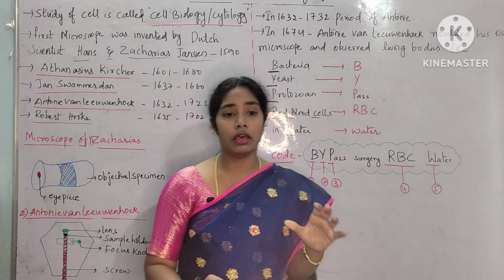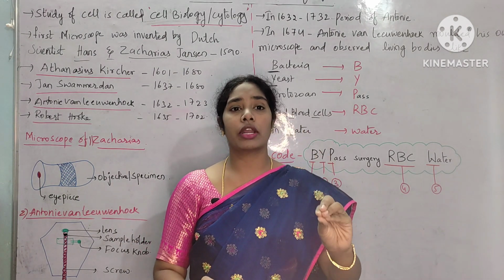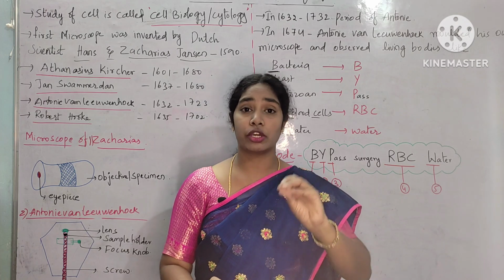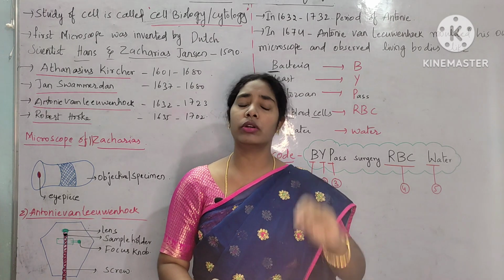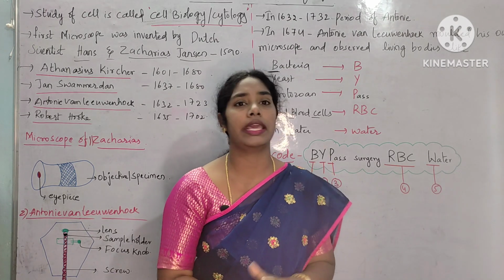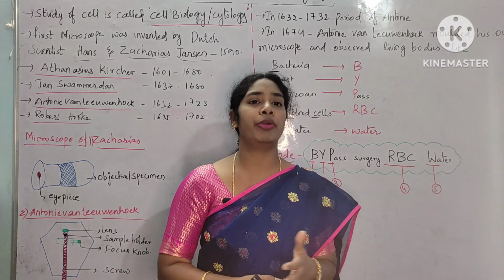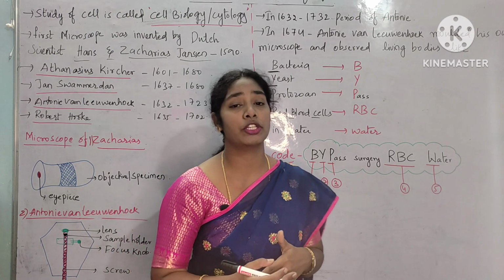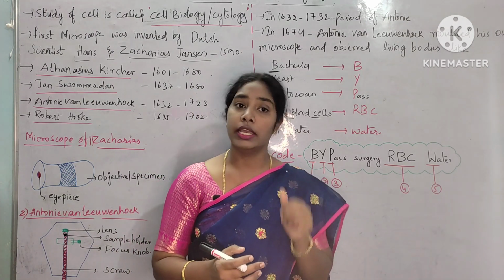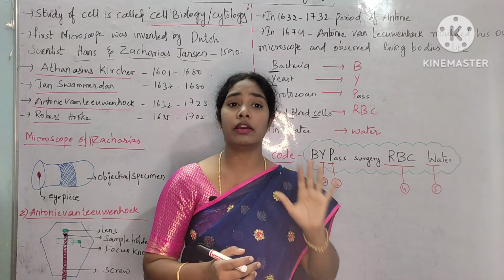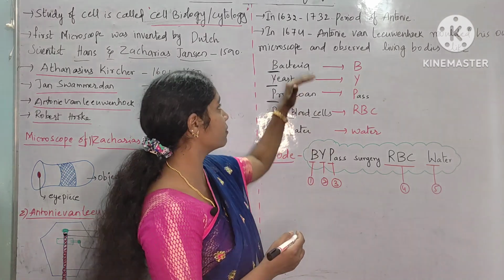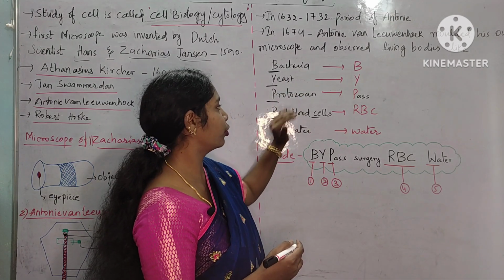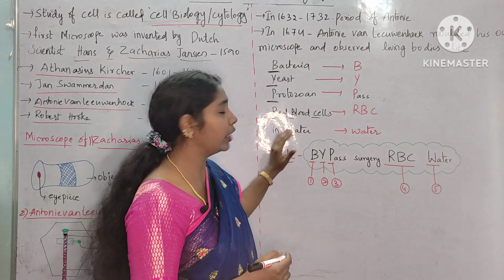The first organisms observed by Antonie van Leeuwenhoek is a question asked many times in examinations. In many competitive exams we will find this question: what are the first observations of Antonie van Leeuwenhoek? He observed living organisms in a drop of water, and what are those? Bacteria, yeast, protozoans, red blood cells in water.